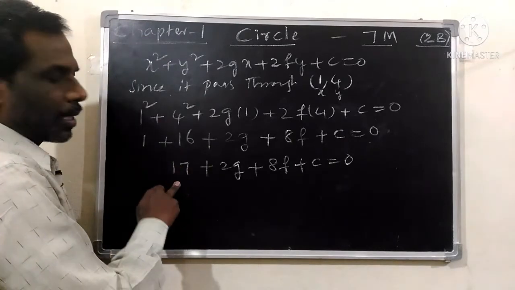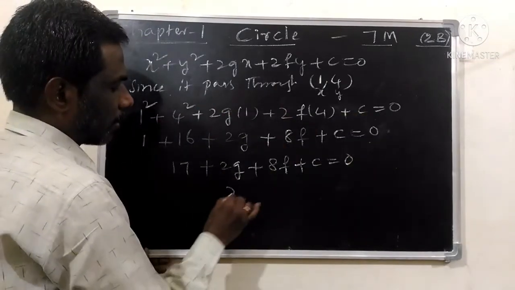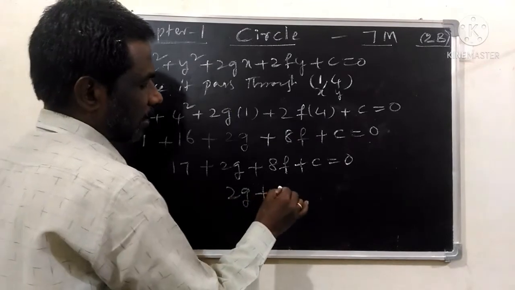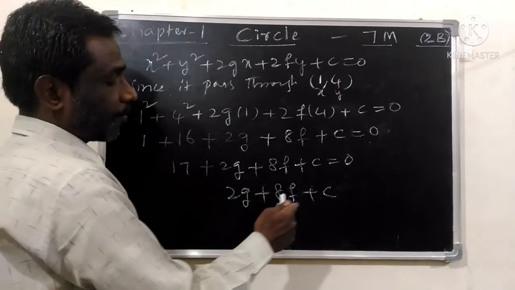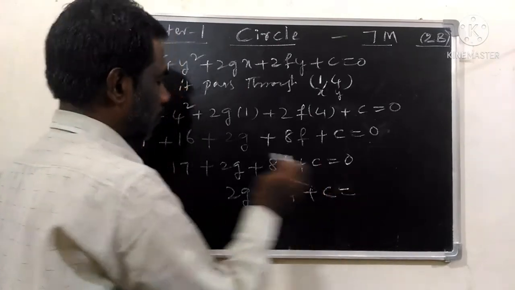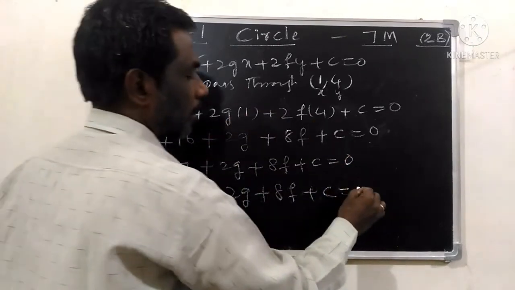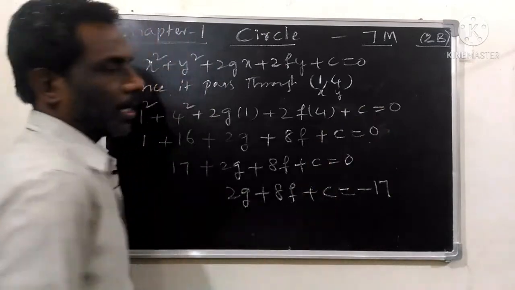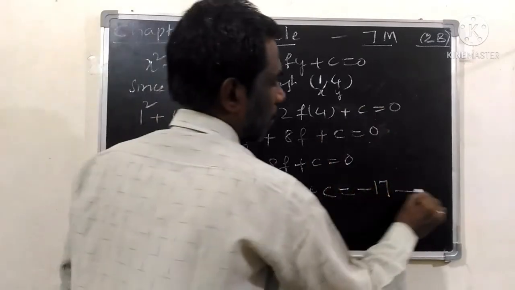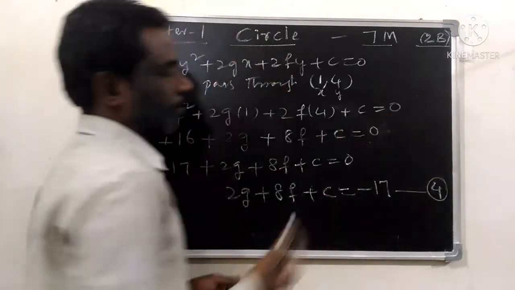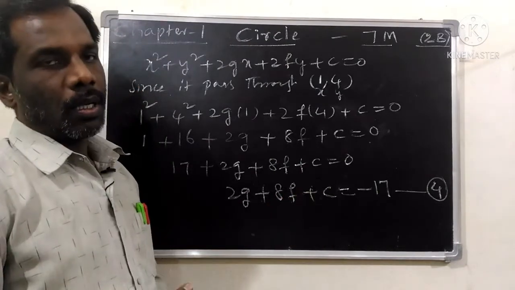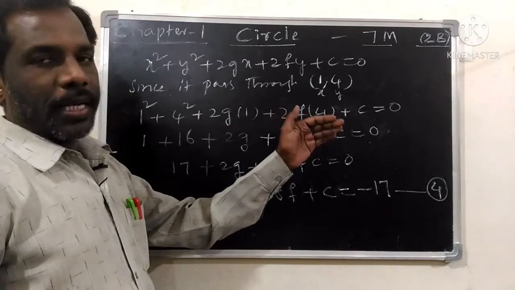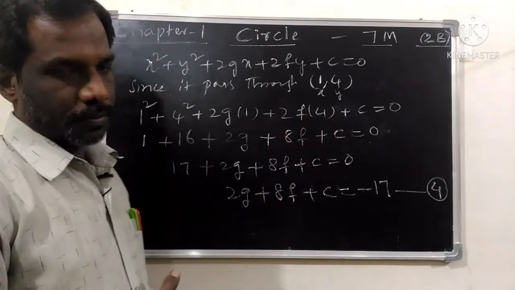Now transfer this 17 to the right side and write the remaining as it is: 2g plus 8f plus c equals minus 17. Now it is the fourth equation. To find the g value, f value and c value, we want to solve the second, third and fourth equations.